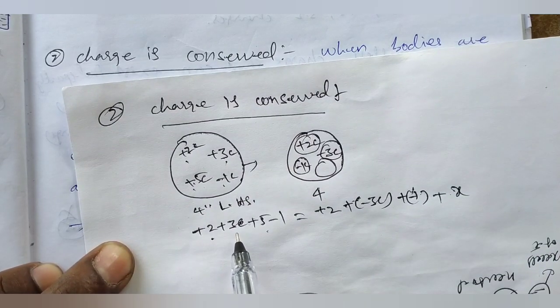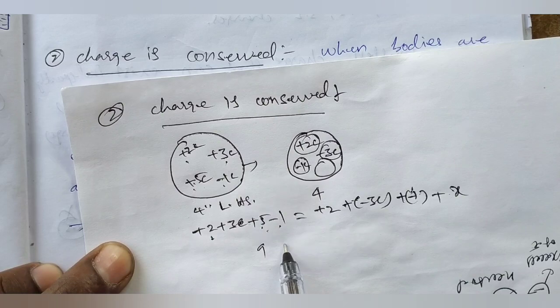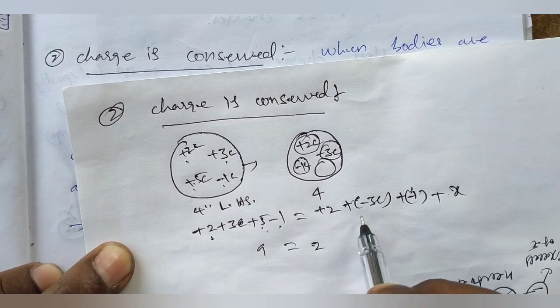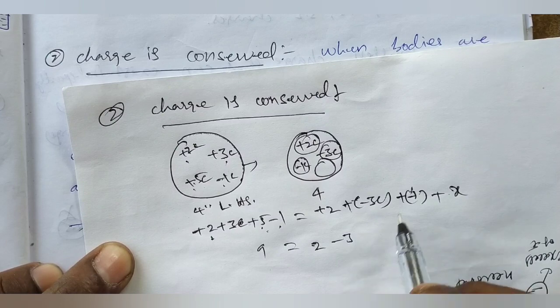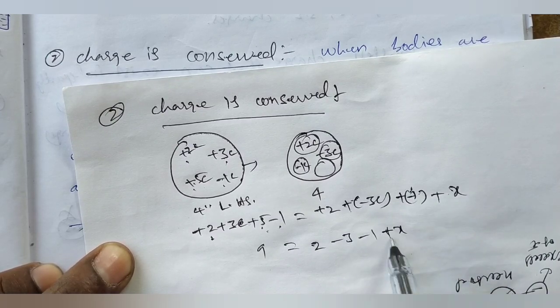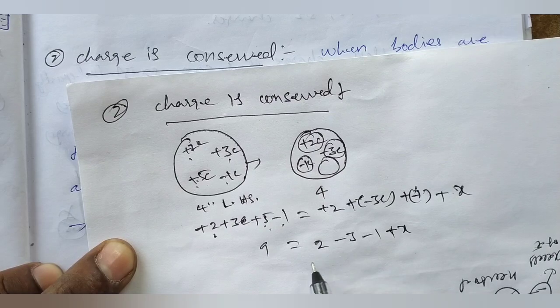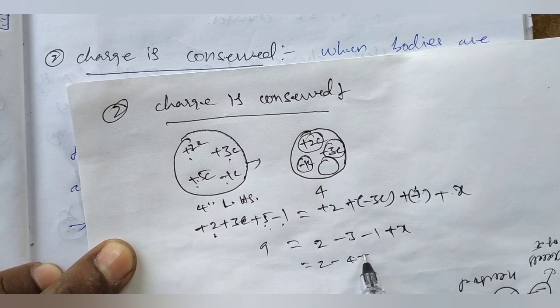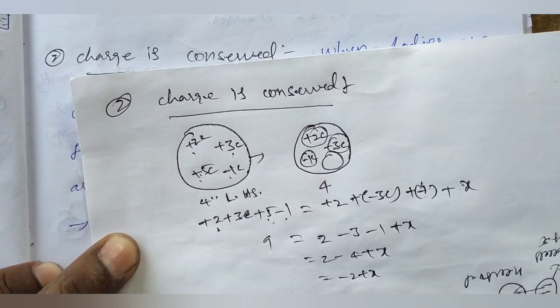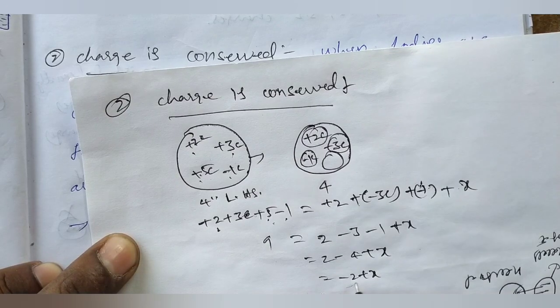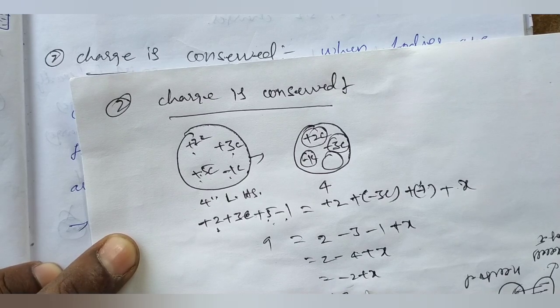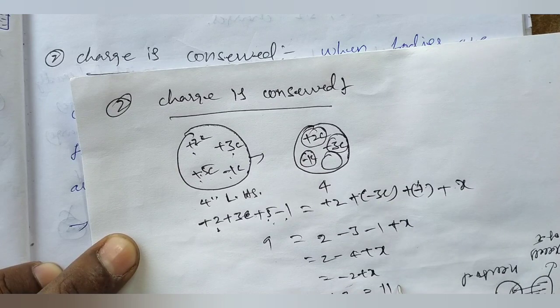Here 3 plus 2 is 5, plus 5 is 10, 10 minus 1 is 9, which equals 2 minus 3 minus 1 plus X. Here 2 minus 4 plus X is minus 2 plus X. So X is equal to 9 plus 2, that is 11 coulombs.